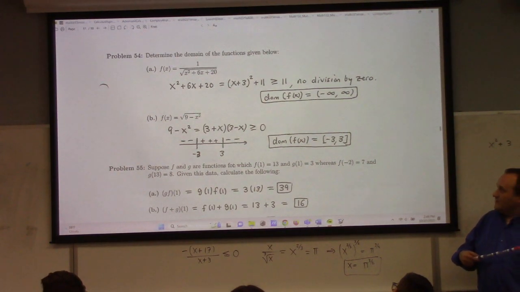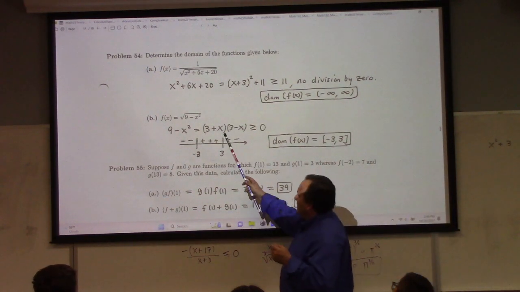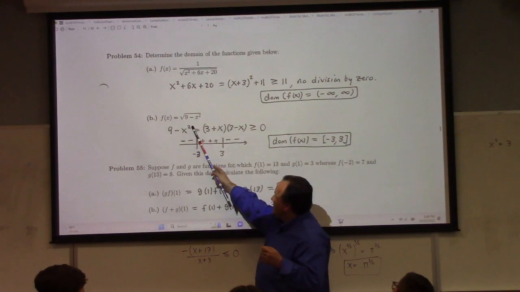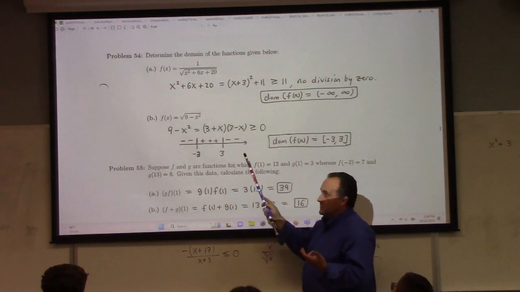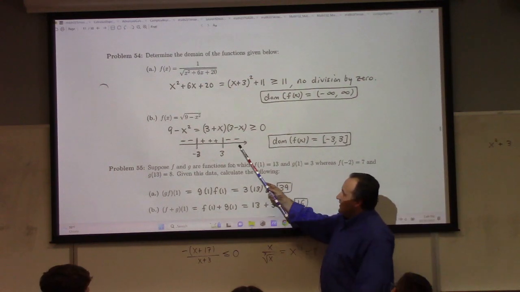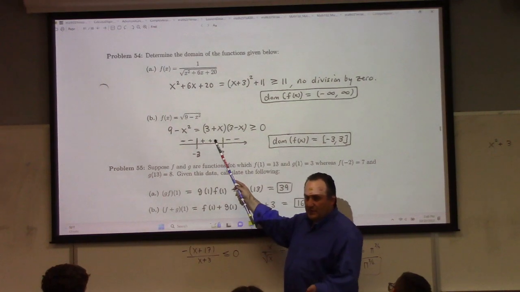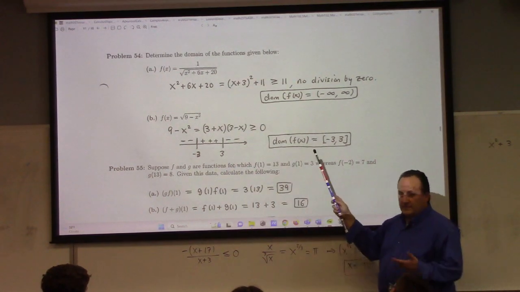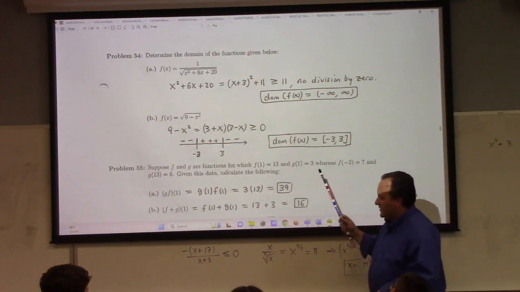But setting aside assassination, no dividing by 0. And also, we want the square root to be non-negative. The input to the square root should be non-negative. So I need 9 minus x squared to be greater than or equal to 0. That takes us back to the kind of inequality we solved in test 1, right? This nonlinear inequality.